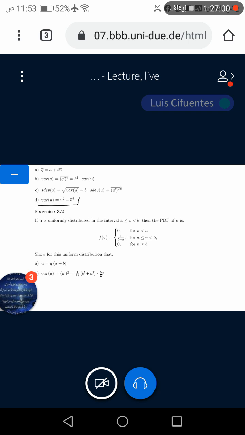And we should show that the mean value is equal to this one, and the variance of U is just this value here.